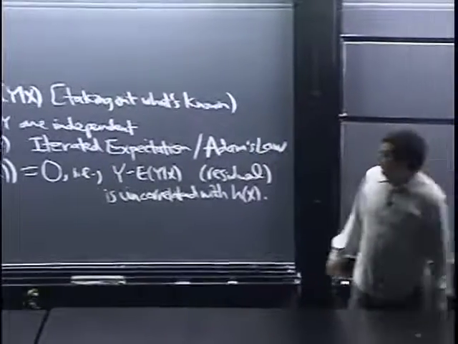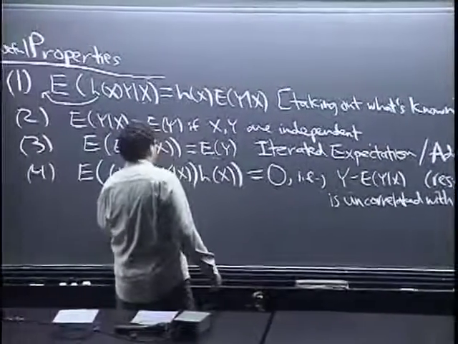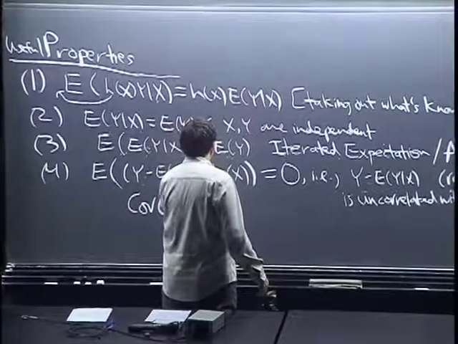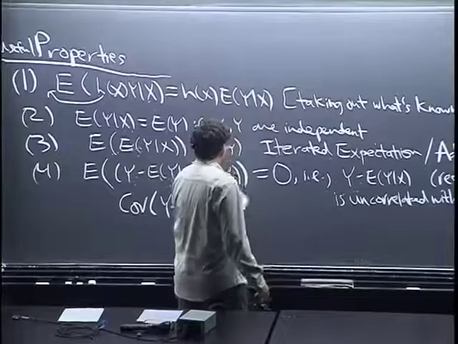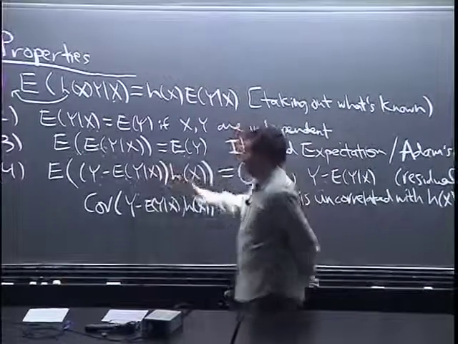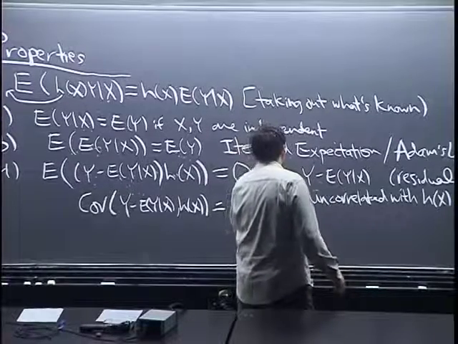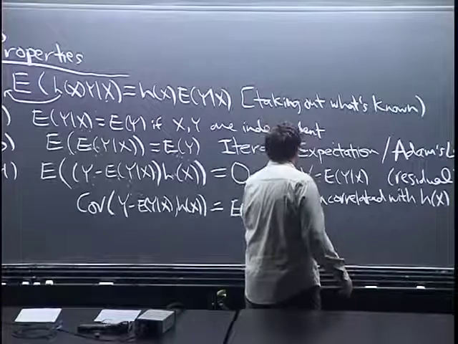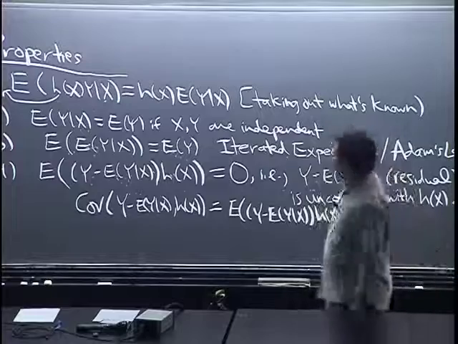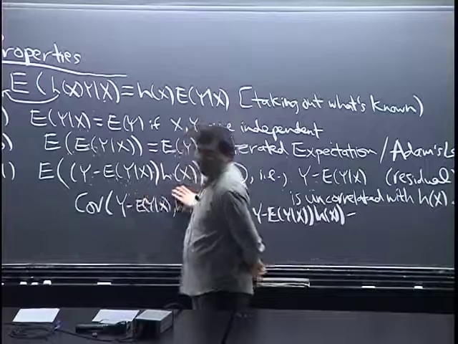Because if we computed the covariance of these two things, I'll just write out the covariance, Y minus E of Y given X, just the definition of covariance. The covariance would be exactly this thing that we wrote here, E of Y minus E of Y given X, times H of X, and then minus, by the definition of covariance, expected value of this times this minus E of this, right?